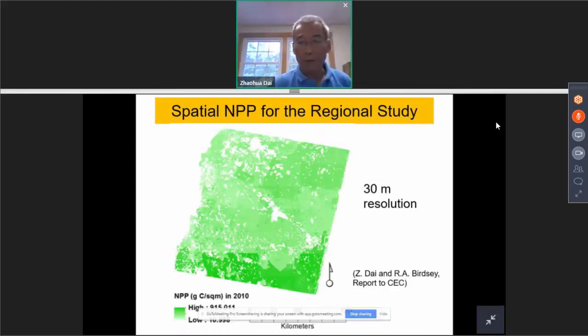You can find the exact location in our report, and this is the NPP. You can see where carbon sequestration is higher and where it is lower. It is similar: this area is lower, and this area is higher.